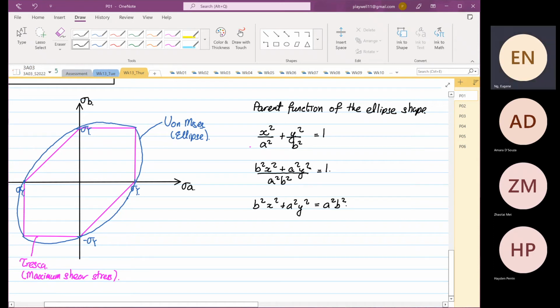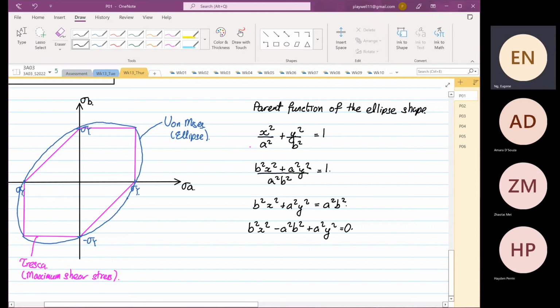And then when you bring it over, you have b squared x squared minus a squared b squared plus a squared y squared is equal to 0, right?